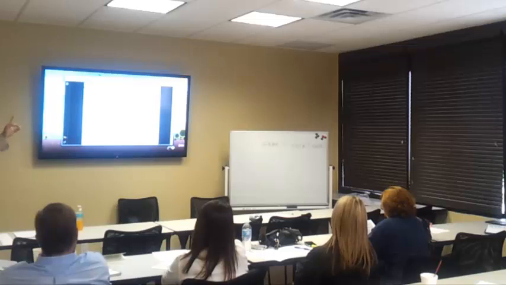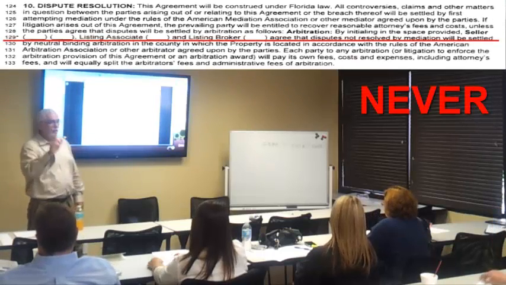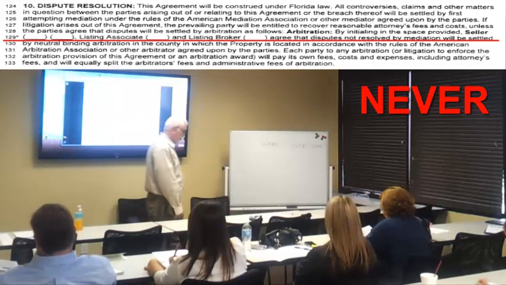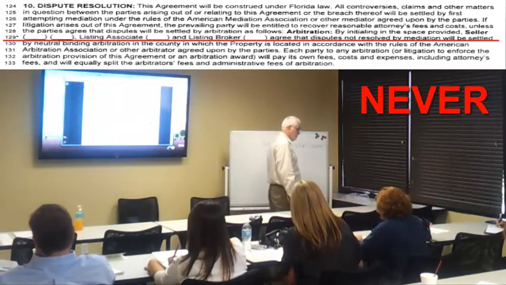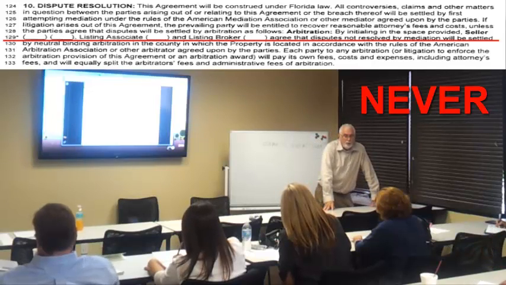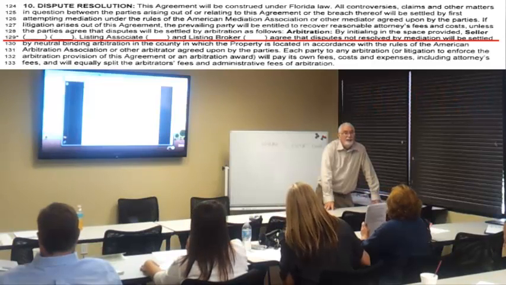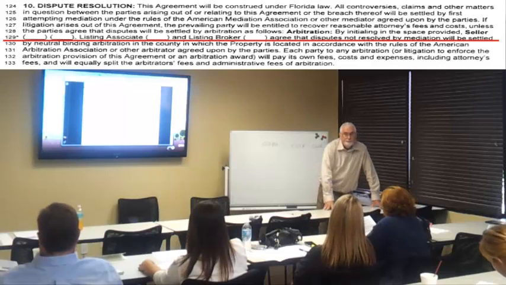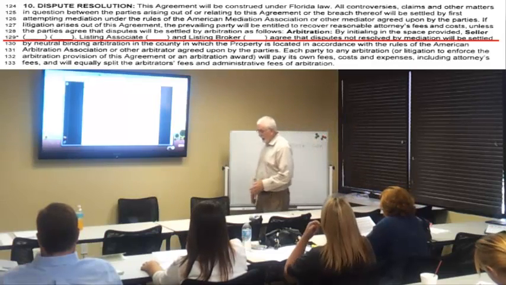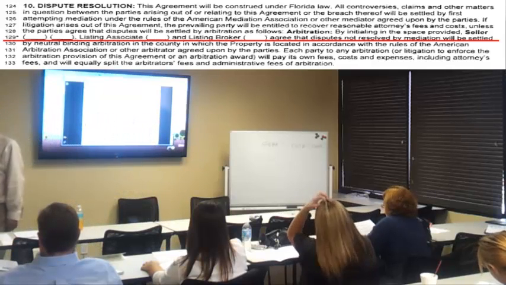Dispute resolution. Very important. Line 129, never, ever, never initial notice. Why? You initial that, have the seller initial that, you have eliminated our ability to litigate, because by initialing that, we are agreeing to arbitrate rather than to litigate. Why?